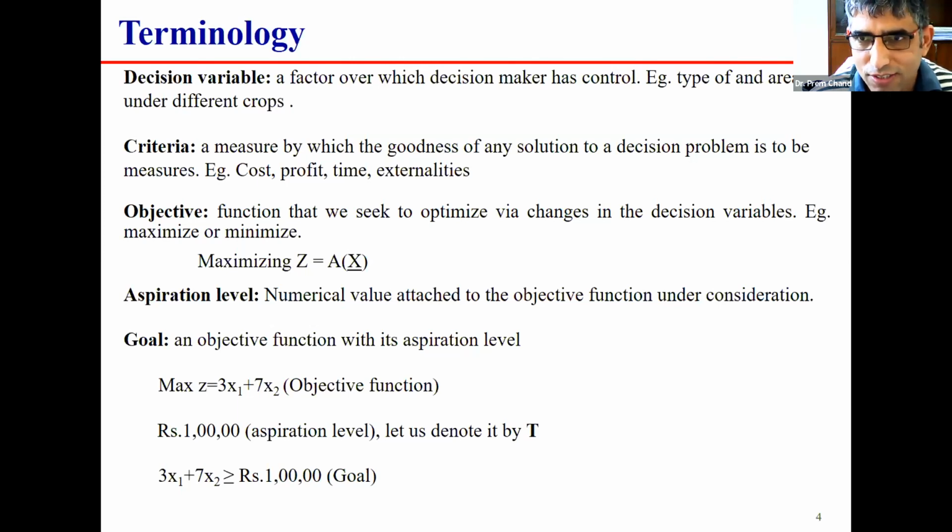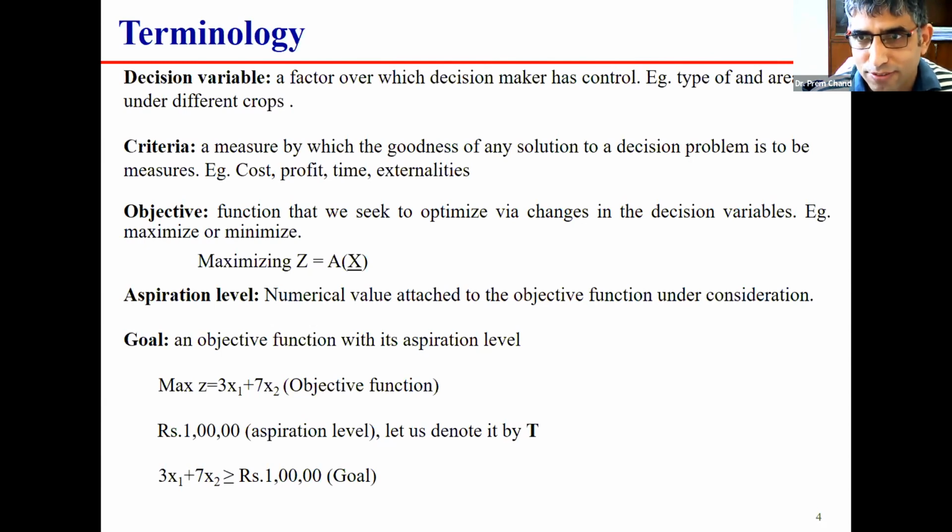So we can change these. This is the objective function we want to maximize. But when we attach a value of 1 lakh rupees to it, it is the aspiration level. We have targeted to bring it to 1 lakh rupees. So if I express 7x1 plus 7x2 as greater than or equal to 1 lakh rupees, it becomes the goal.